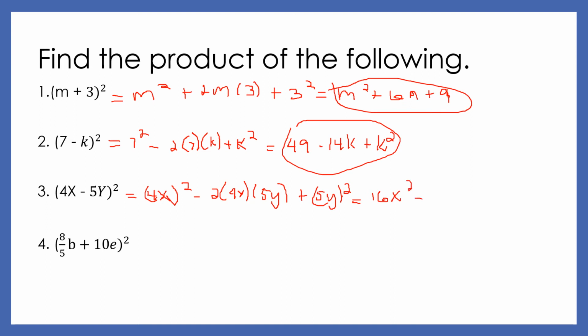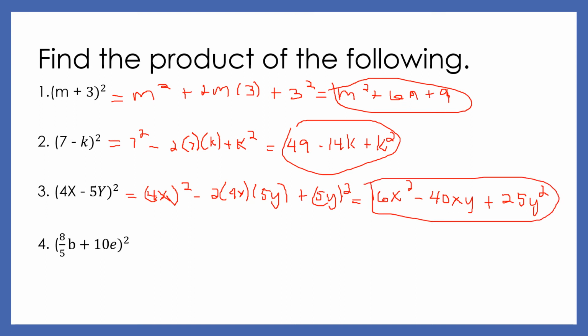Minus 2 times 4 is 8 times 5, 40, so 40xy, plus 5y times 5y is 25y squared. Okay, so this is our final answer.